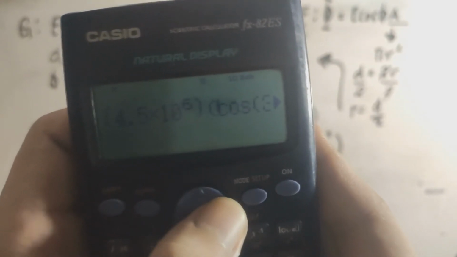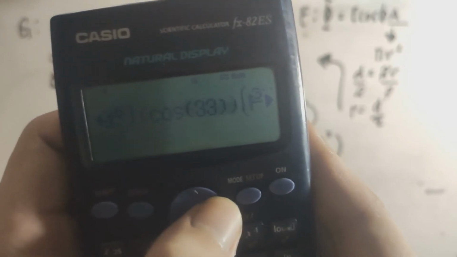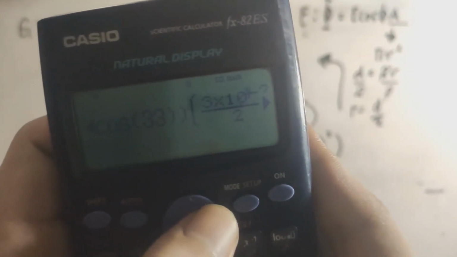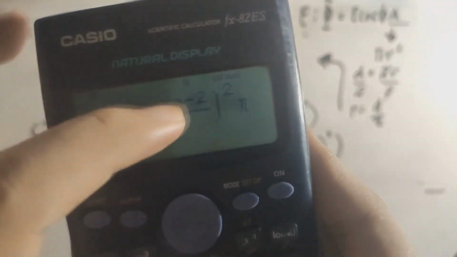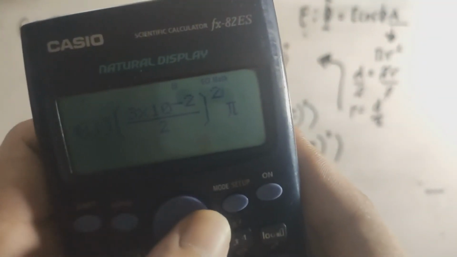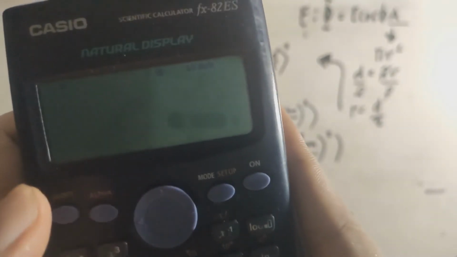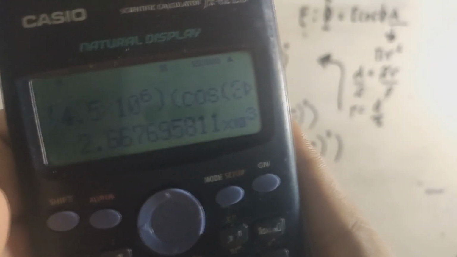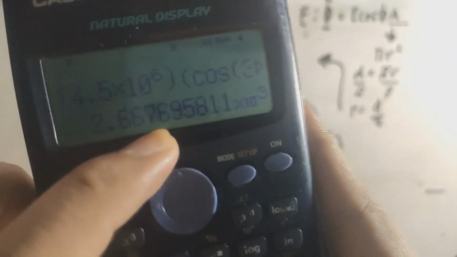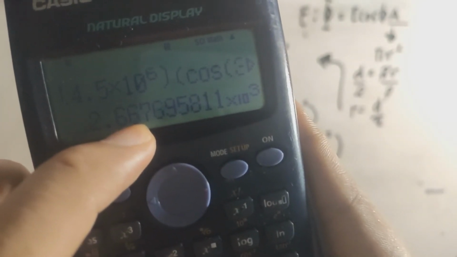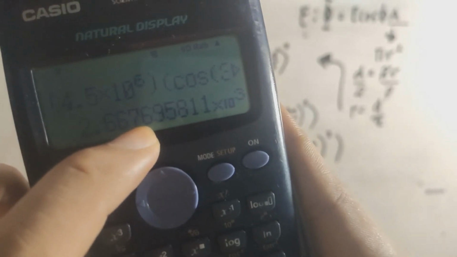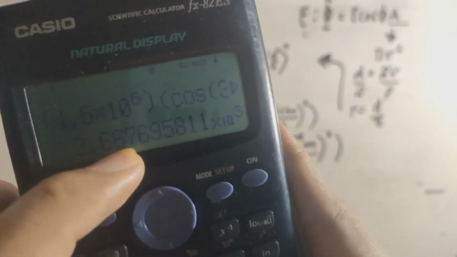There, so 4.5, that's our electric field, times cosine 33 times the area of the circle, which is pi r squared. So this is the diameter over 2 to be squared times pi. So the value for that would be there. So we're going to keep up to the hundredths place. So 7 is the thousandths place, so that's round up.